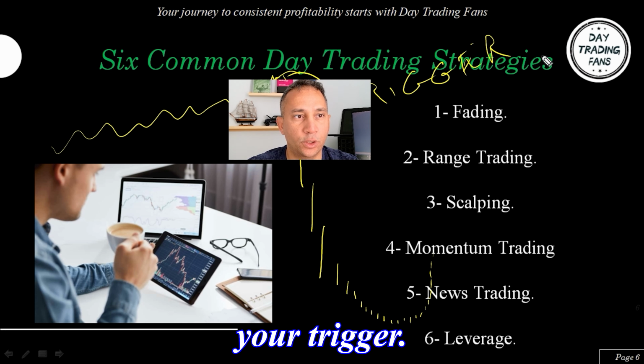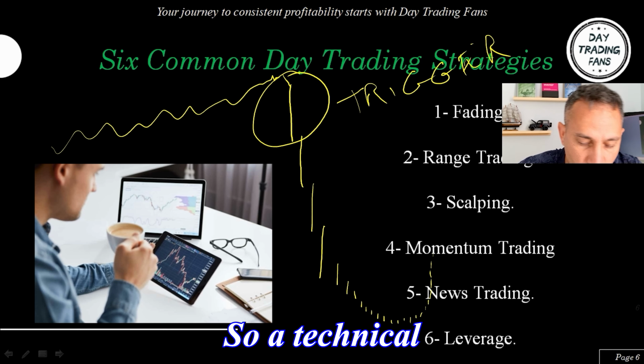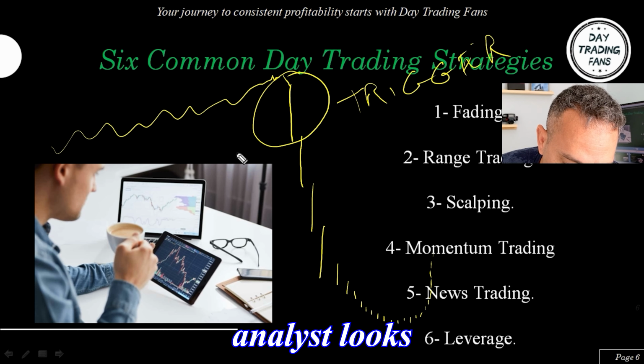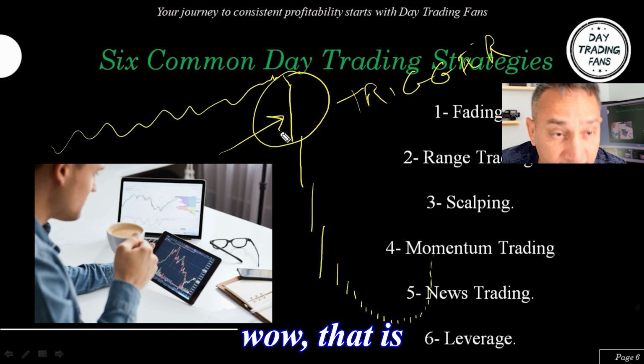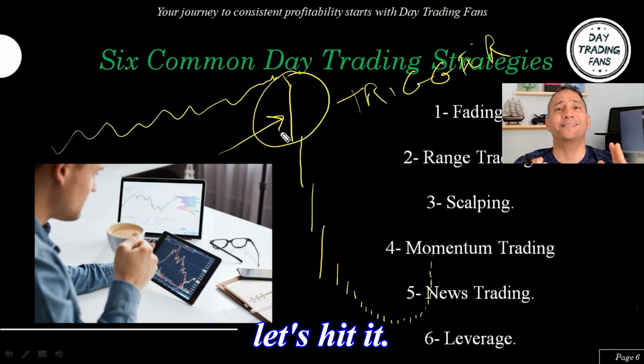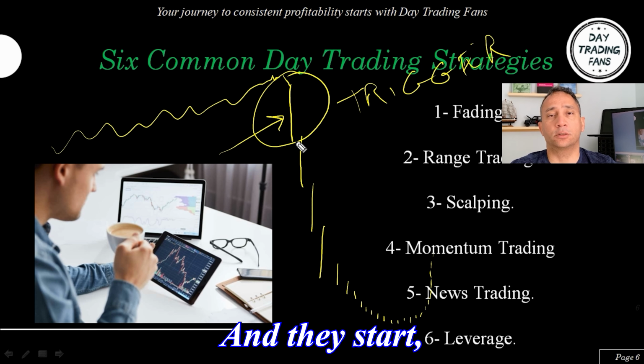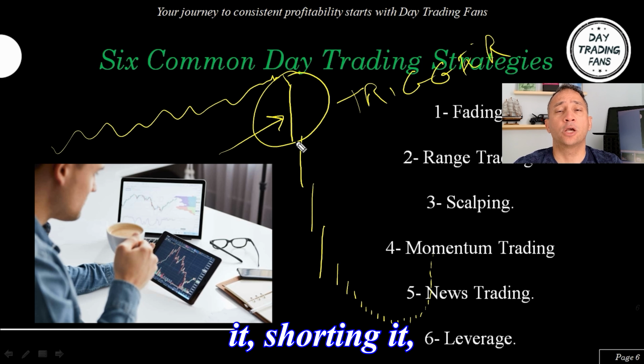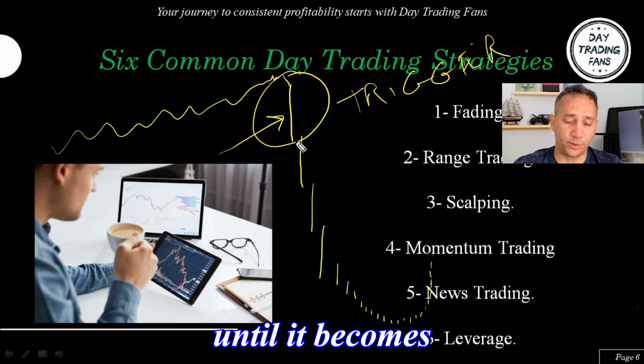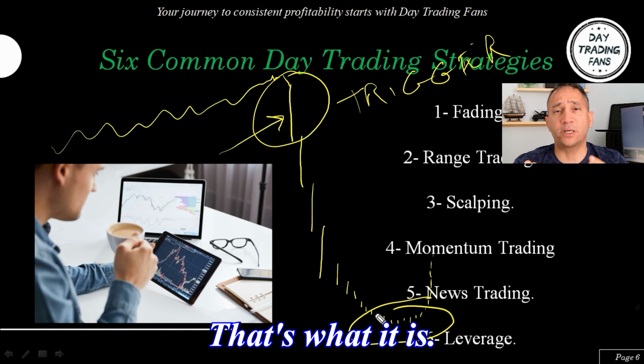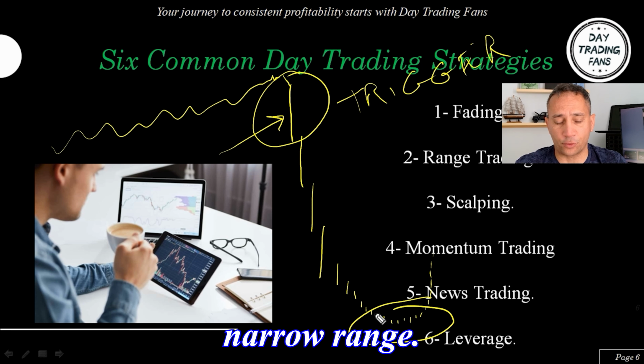This is your trigger. So a technical analyst looks at that and says, wow, that is a trigger bar. Let's hit it. And they start shorting it, selling it until it becomes a very narrow range. That's what wide range versus narrow range bars are.